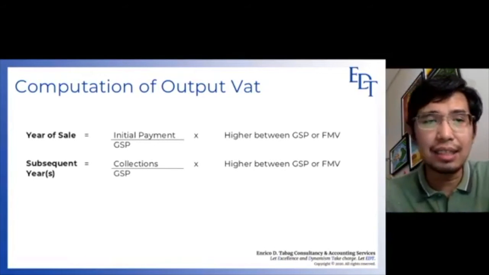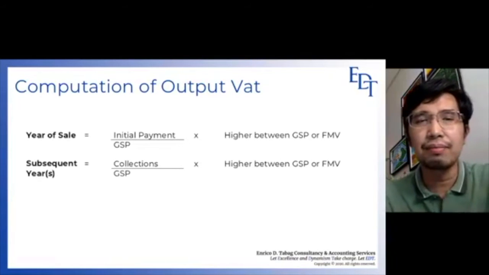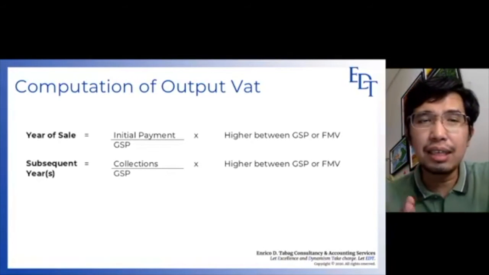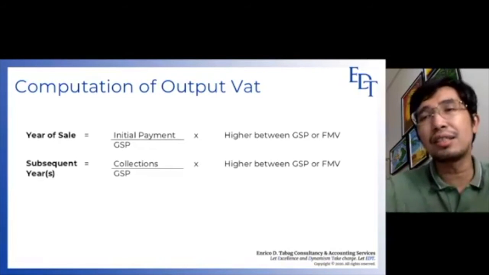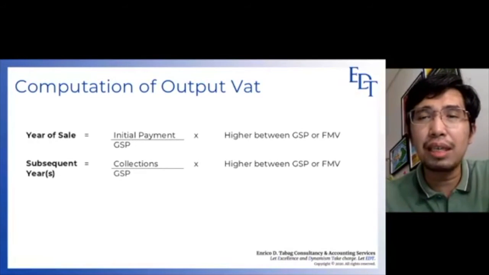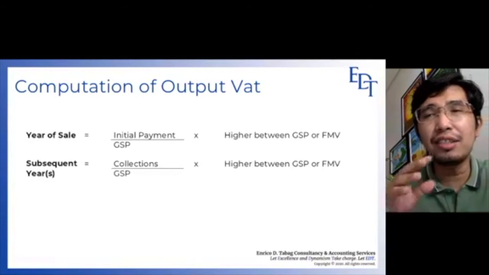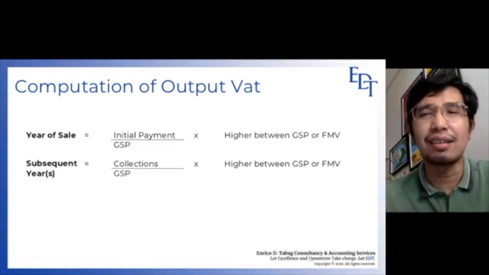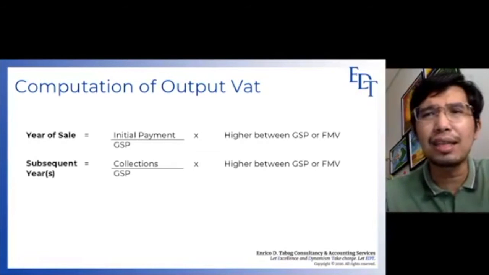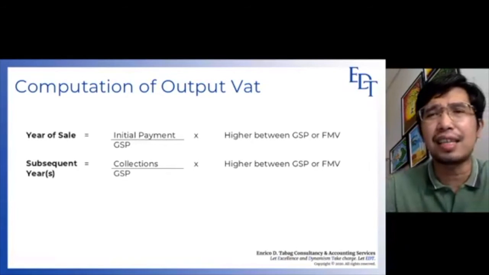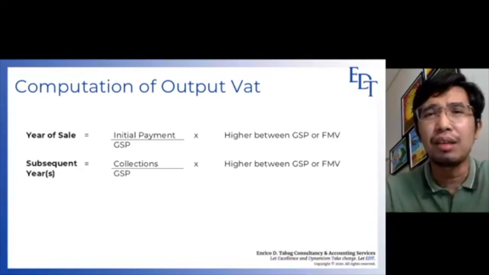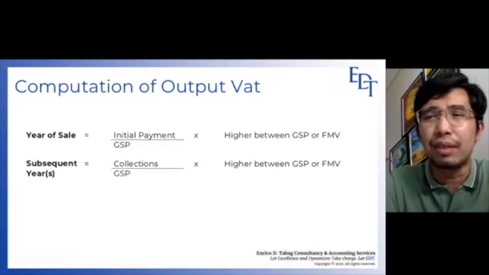Sabi nga natin kanina, sa year of sale, ang gagamitin ay initial payment. This is if the sale will be classified as installment sale. Kasi kung yan ay hindi installment sale, halimbawa cash sale, you don't need this formula kasi 12% lang yan ng selling price or zonal or FMV, whichever is the highest among those amounts.